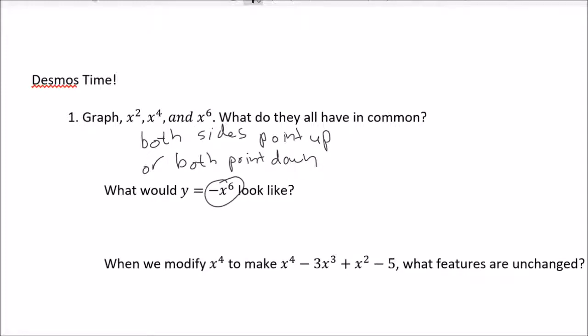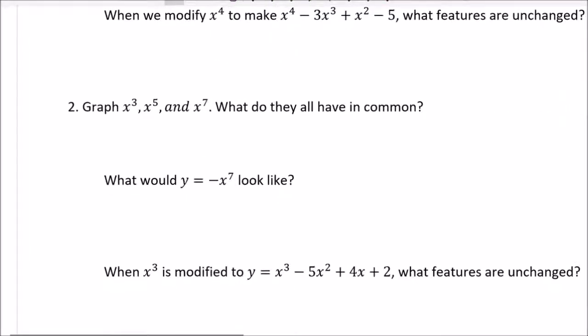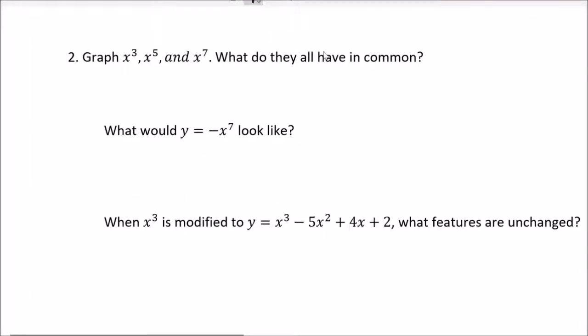And that contrasts a little bit with the ones that were, notice these are the even numbers, that contrasts with the odd numbers. So on the ones that were odd, one side pointed up, the other down.